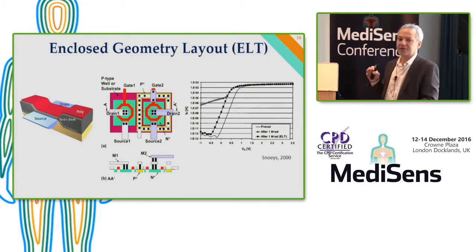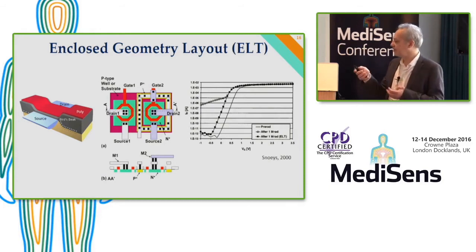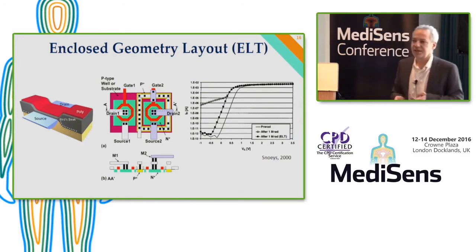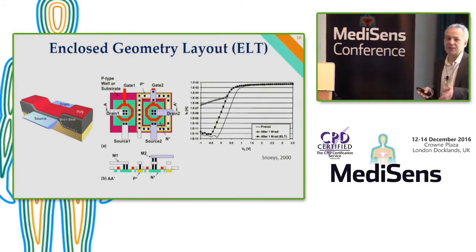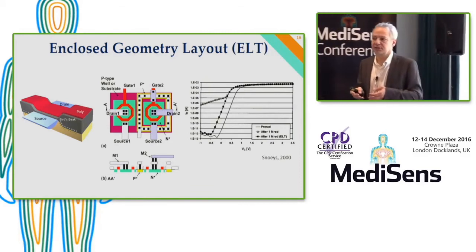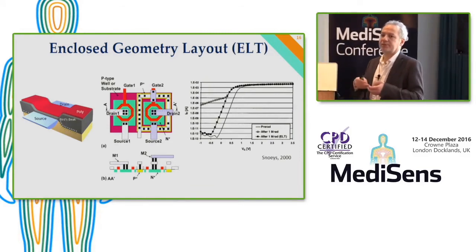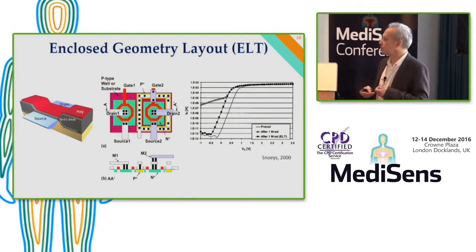So you have to take care of these big transistors, and people do funny things like round layouts, and in this way you can really take care of the radiation hardness of transistors. So there are ways, both through technology and through design, to get very rad-hard sensors.